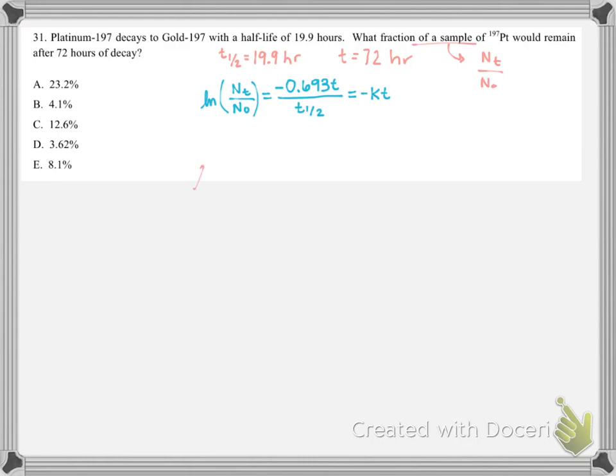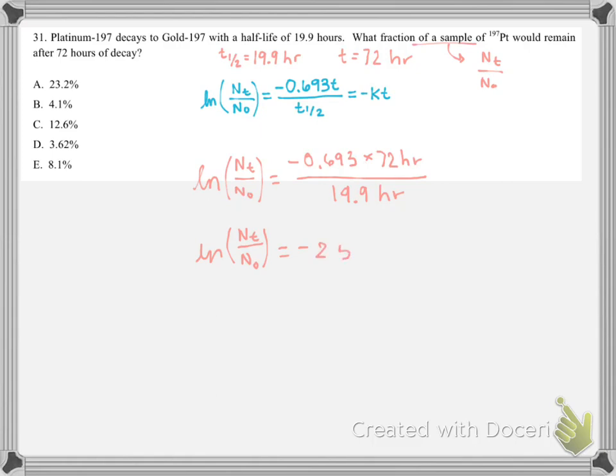So we can just say the natural log of N_t over N_0 is equal to negative 0.693 times the 72 hours that have passed, divided by our half-life of 19.9 hours. When we evaluate that, we get that the natural log of N_t over N_0 is equal to negative 2.51.